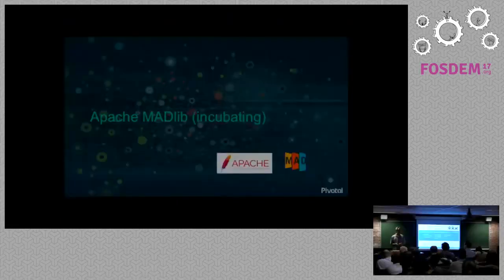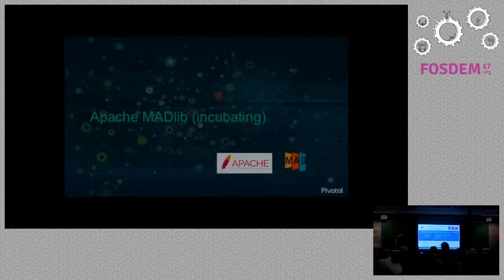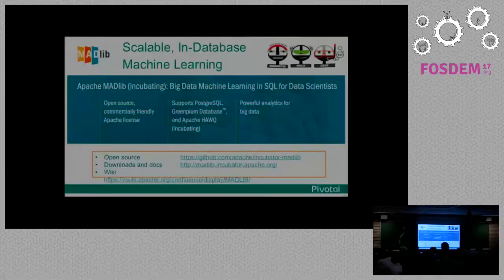I want to say a word about Apache MADlib. It's an open source machine learning library. It runs in database, and what that means is that it's bringing the compute to the data. So you don't need to move the data out, operate on it, and then move it back into the database. The main value around Apache MADlib is scalability and performance.